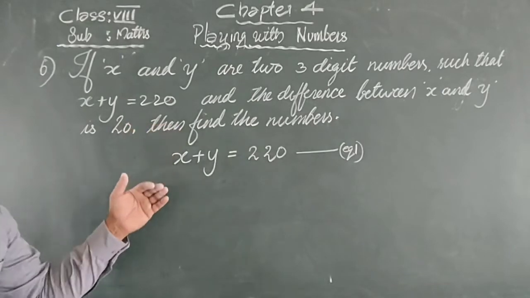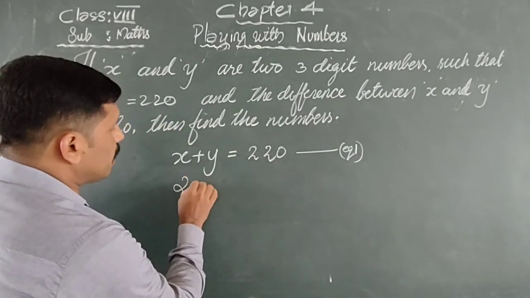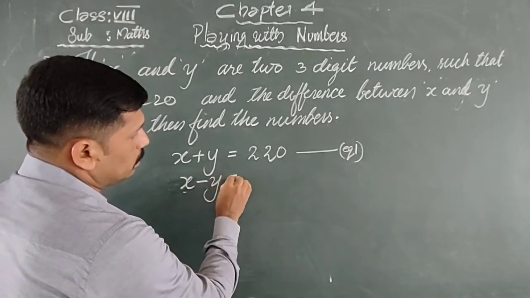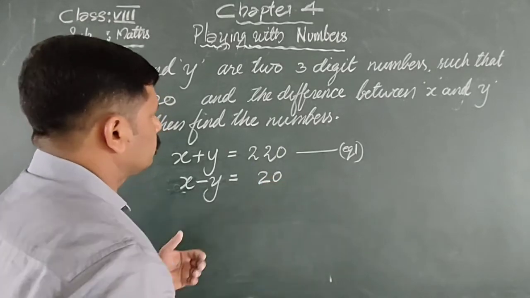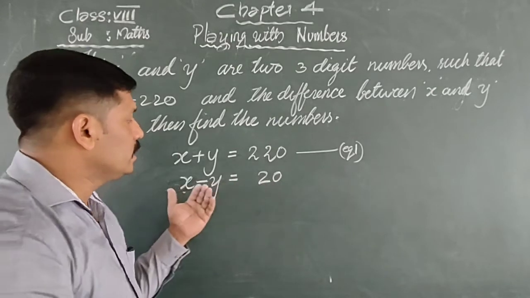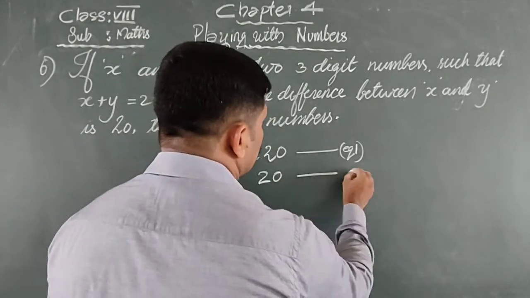And another thing given is the difference of the two numbers, X minus Y, that is equal to 20. That is equation number 2.